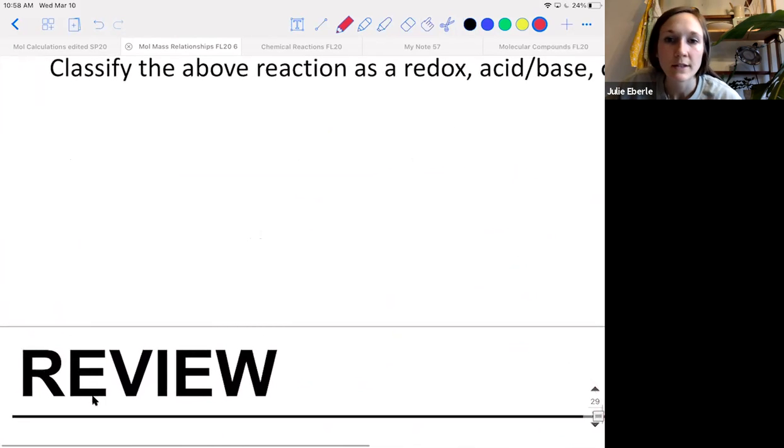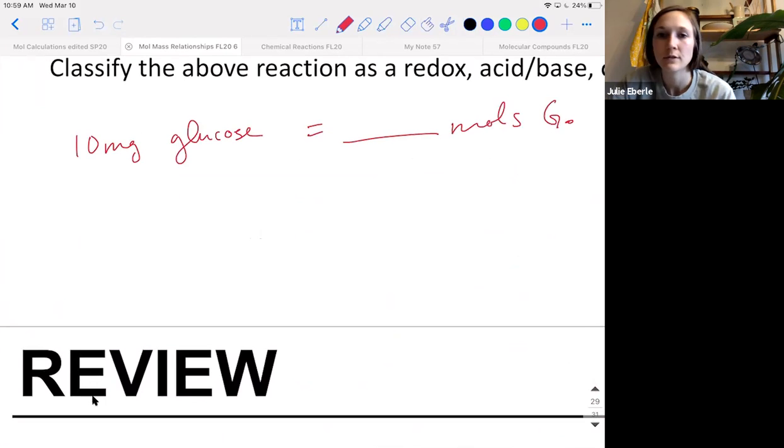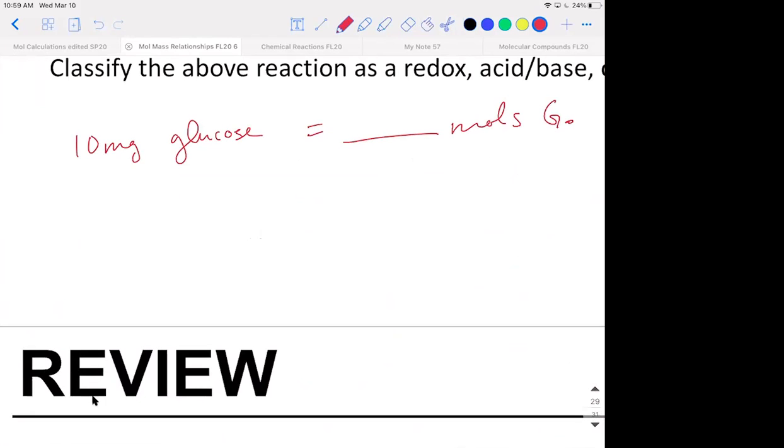We had in quiz 6, I said, you got 10 milligrams of glucose. Now remember this problem? I said, how many moles of glucose is this? What did you need to do for this problem? You had to transfer milligrams to grams.